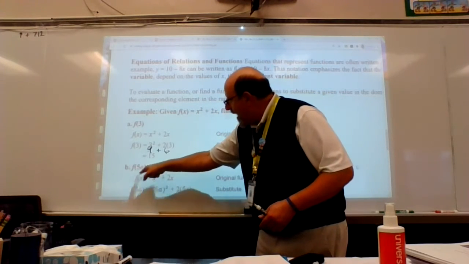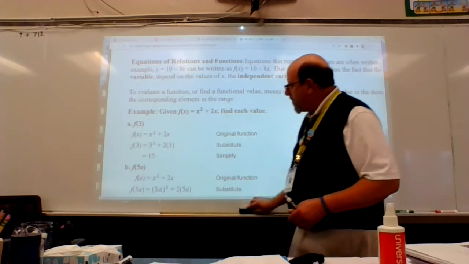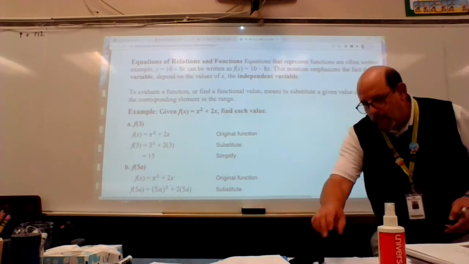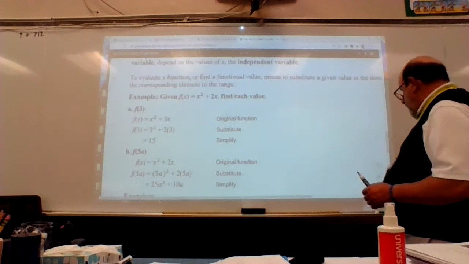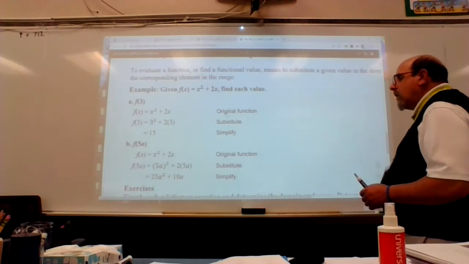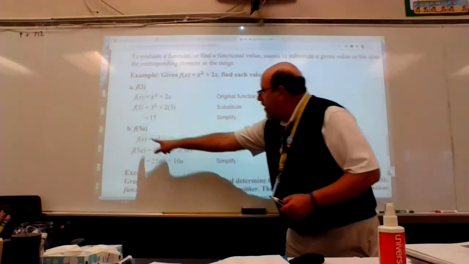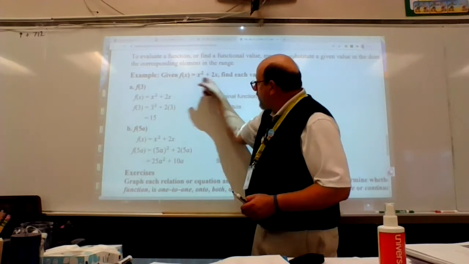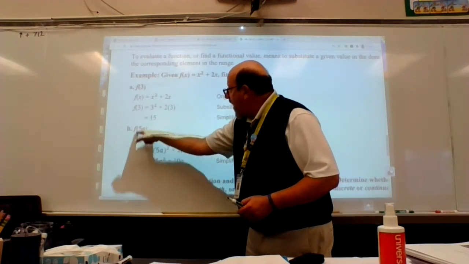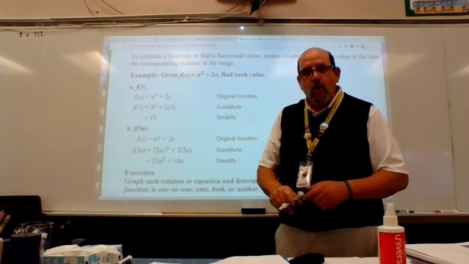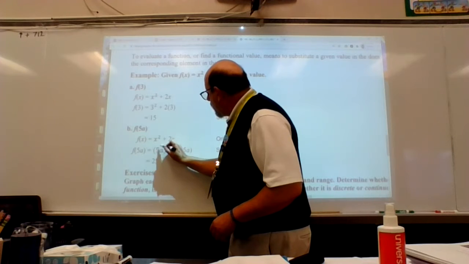When we're given values, here's the other type of value you might be given. They may give you a variable term. What happens if they say, we're going to use this same function, but what if we have f of 5a? Okay, well then we just simply put in 5a for our x.